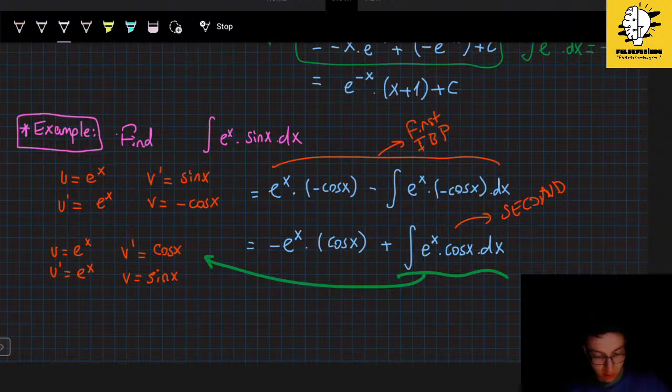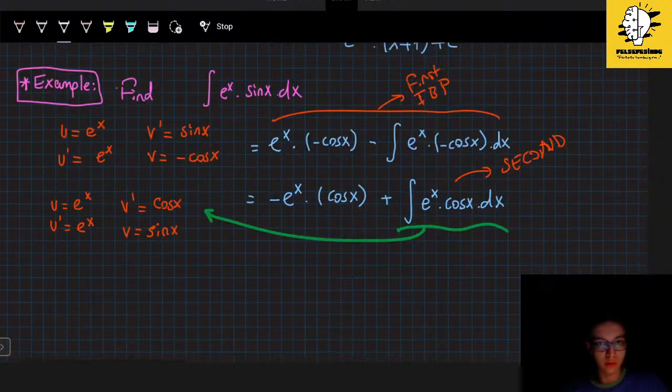Yes, first IBP. So about the first IBP, well, this is an exponential. Maybe we should update it and post it on our Instagram account. Would it be fine? Yeah, okay.